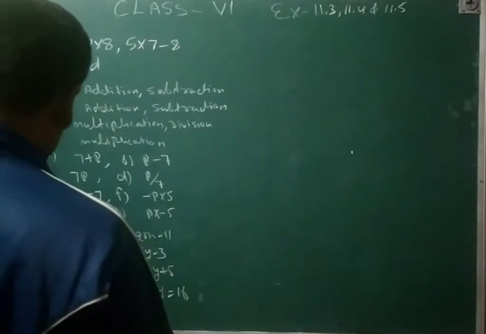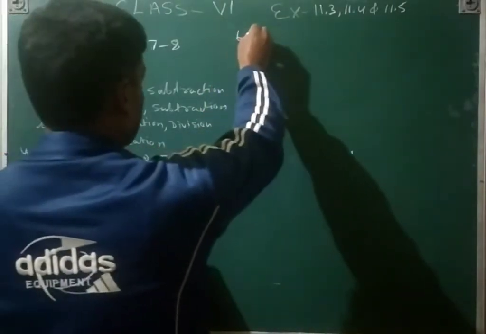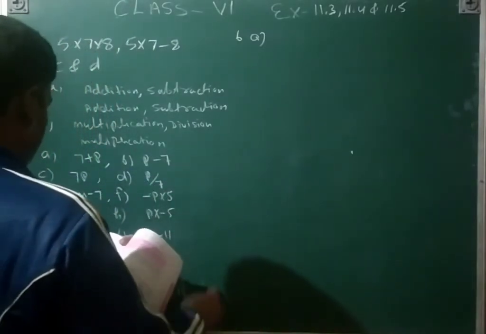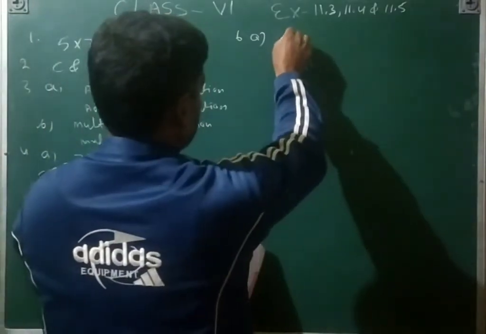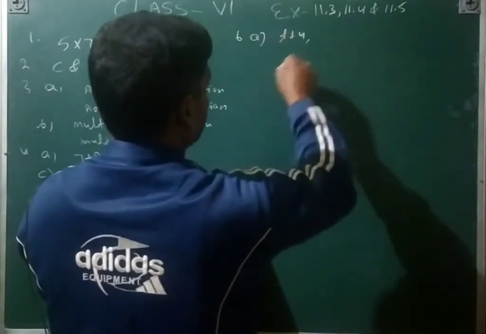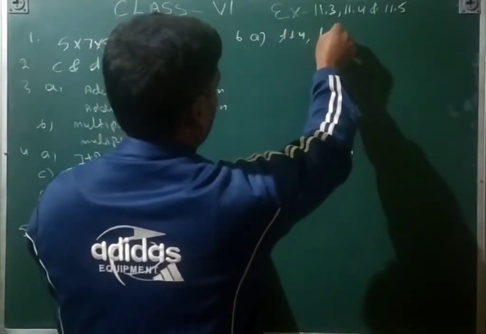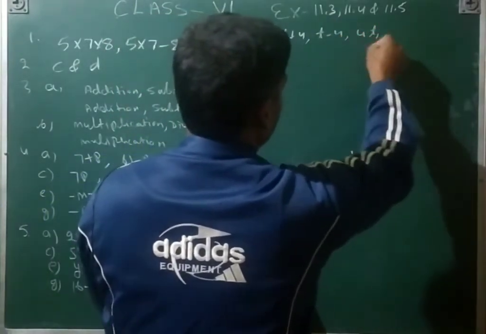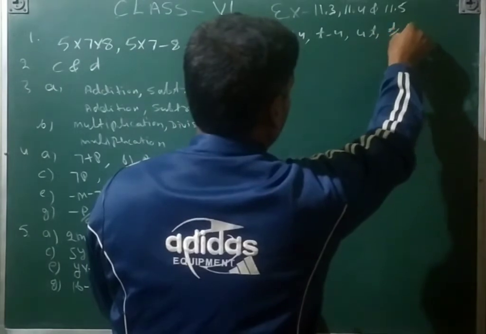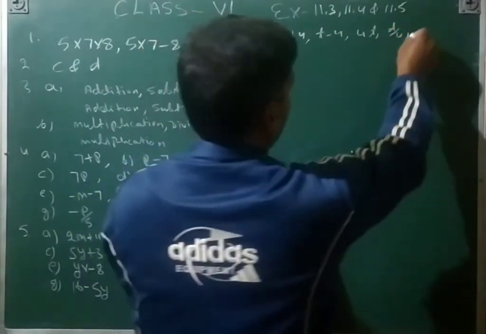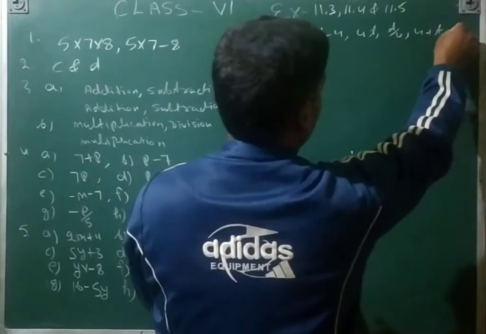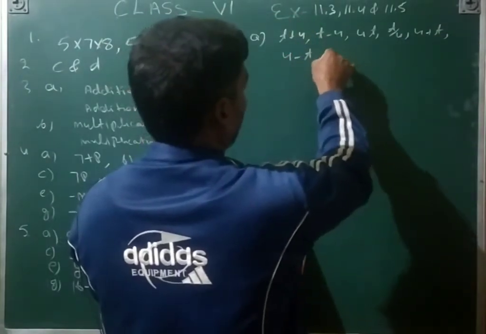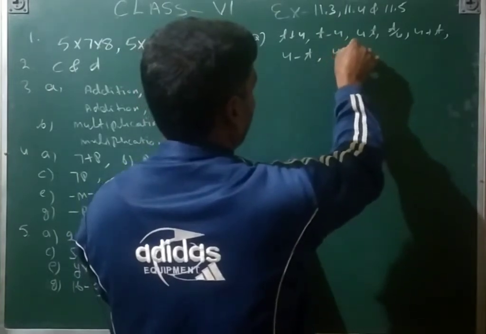We will apply t and 4 and then write many more things like this: t plus 4, then t minus 4, then 4t, then t upon 4, and similarly 4 plus t, then 4 minus t, then 4 upon t.